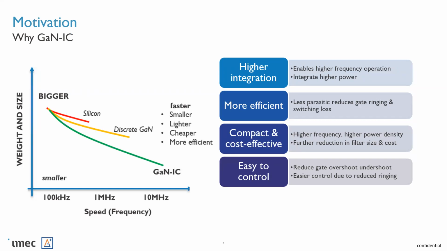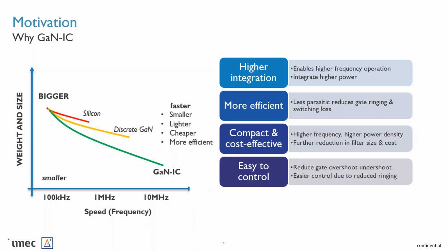It means that the passive components are also reduced in size, and the cost is reduced. Because the parasitics reduce, that reduces the gate ringing and the switching loss, so that leads to a more efficient design. More efficient utilization of the semiconductor switch means a more efficient circuit and system design.